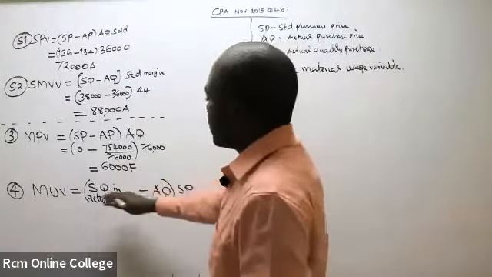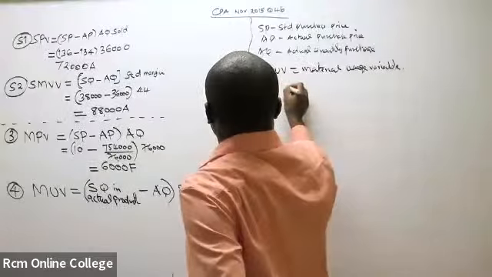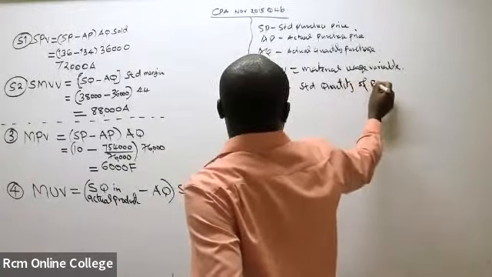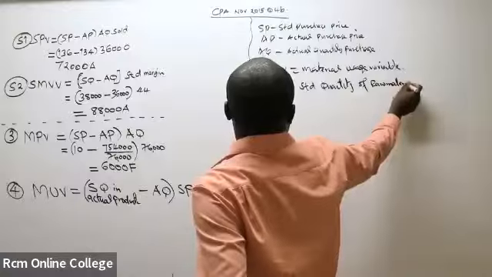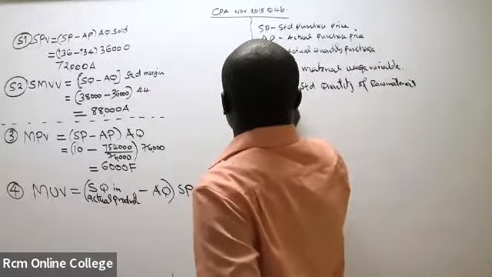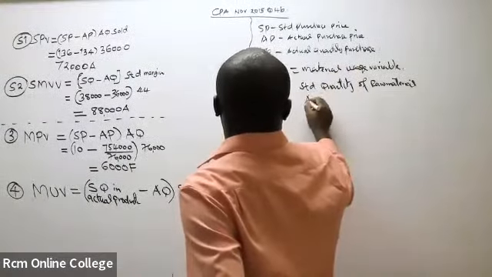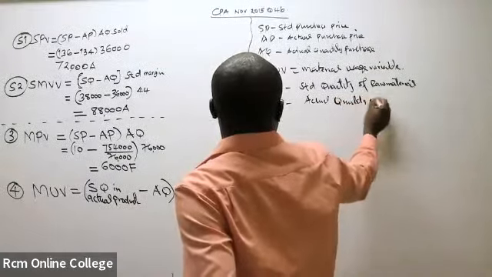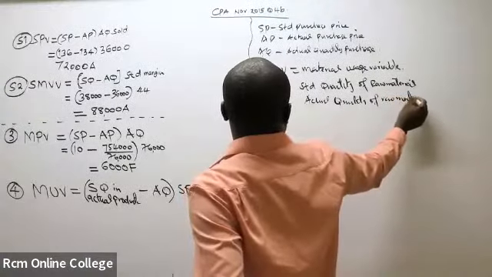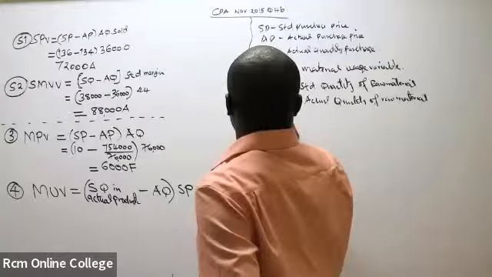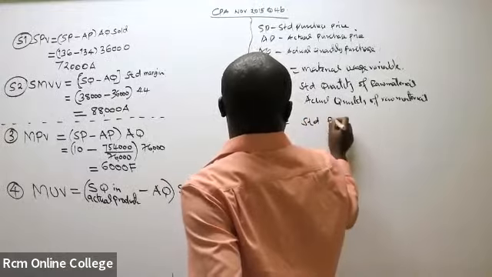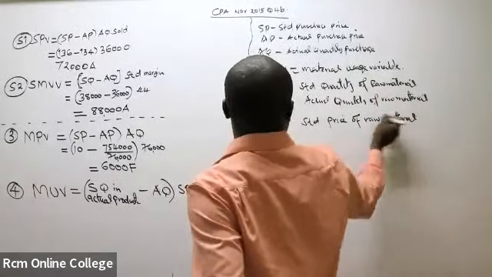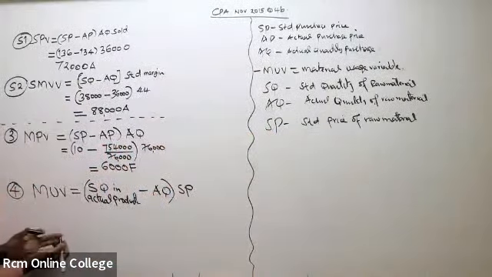So when dealing with raw material, SQ is standard quantity of raw material, then actual quantity of raw material, then SP, standard price of raw material. Good, so let's come to this part.